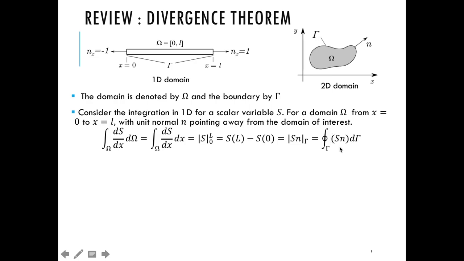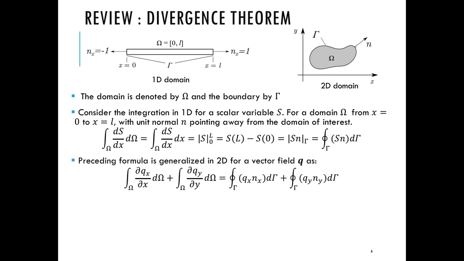Okay. We've done this right now in 1D, but this also exists in higher dimensions, of course. I will not be going into too much detail about this. For a vector field Q, यही चीज़ कि हम domain integral से एक surface integral पे जा सकते हैं, that is represented by something like this. ठीक है जी.